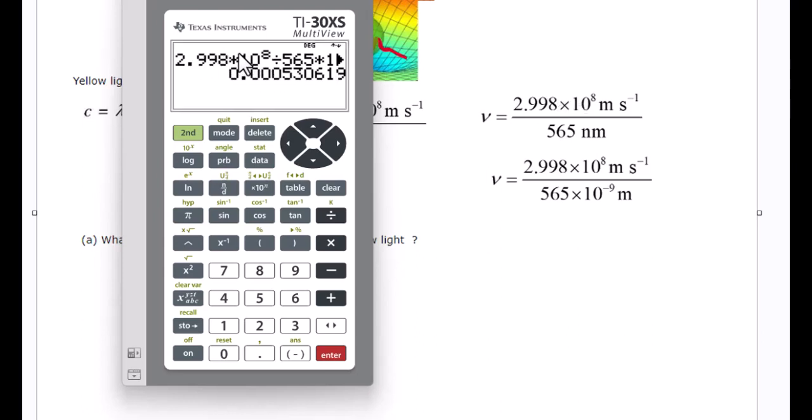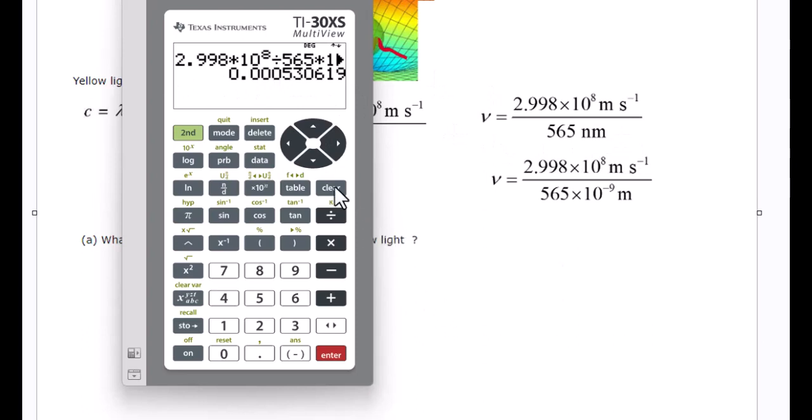But there's a flaw here, because really what's going to happen is you're going to go 3 times 10 to the 8th divided by 565, and then times 10 to the -9. So you're not dividing by the 10 to the -9, the scientific notation part of the question. So this is going to give you the wrong answer, and obviously it's the wrong answer.